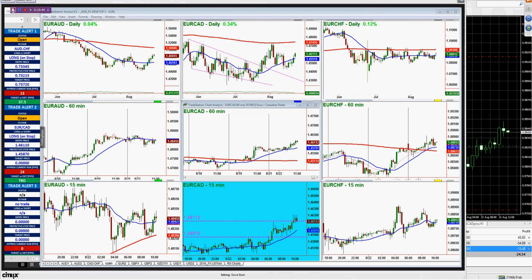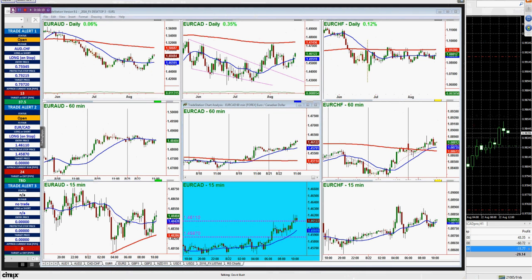Not much change, I would say, maybe with the Kiwi as an exception. Not much change since I came in this morning and started looking at markets. Certainly in the overnight session into the morning, we had some movement, but nothing over 1% up or down, not even close in terms of the focus pairs we look at.